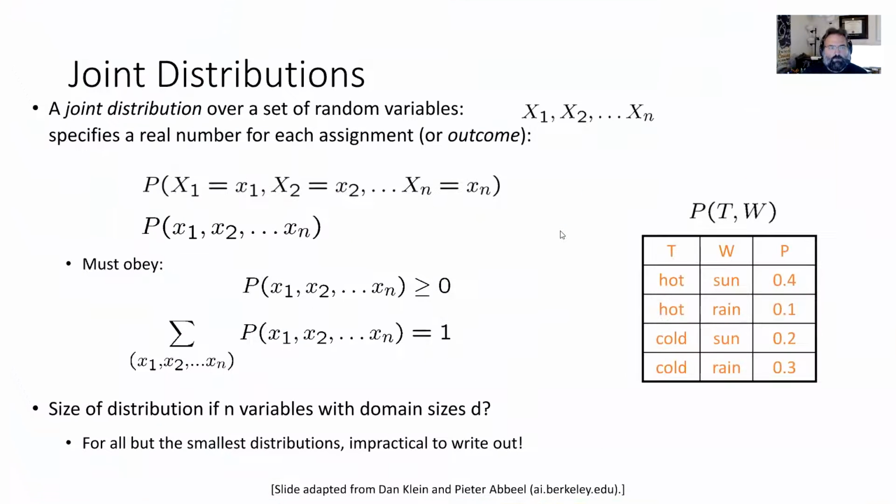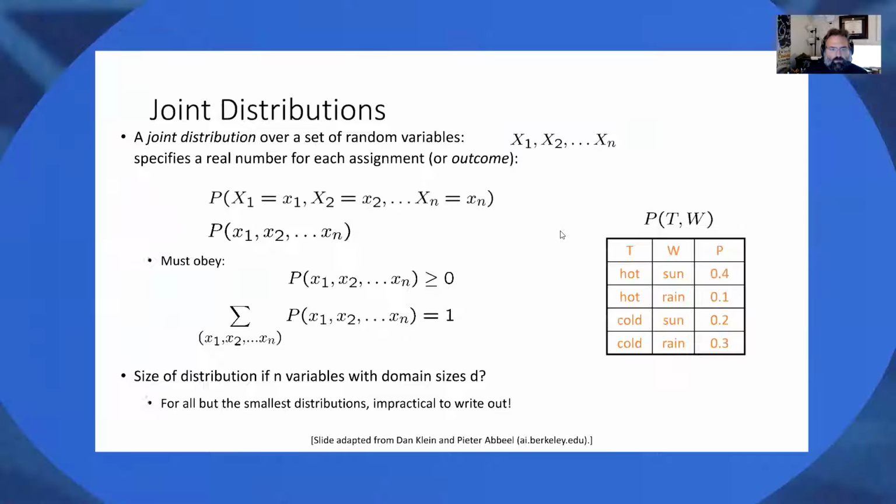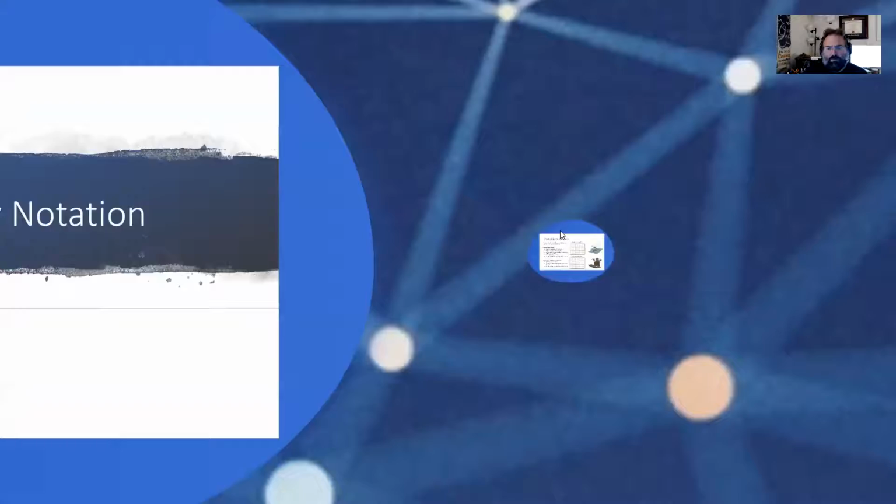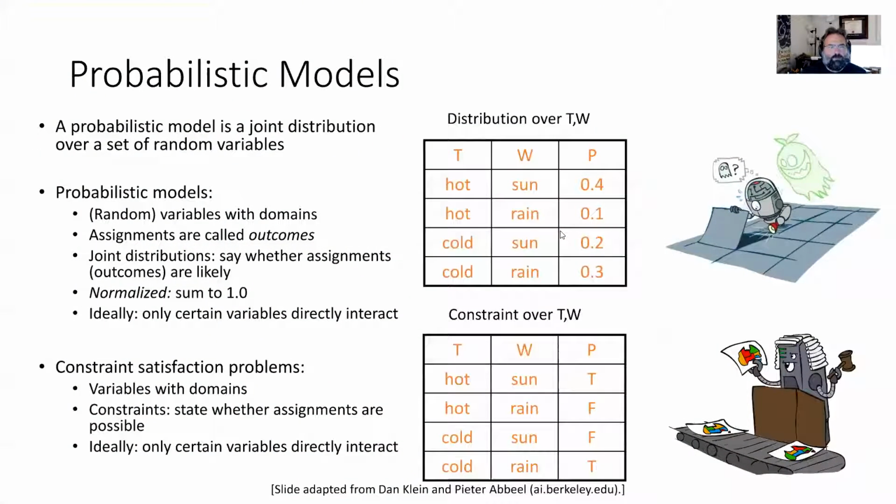And then moving on to joint distributions, it's over a set of variables, and it's a real number associated with each of the outcomes. Generally speaking, you don't write them all out because it's basically something times something as a general rule, so it's going to be pretty big. Moving on to probabilistic models.